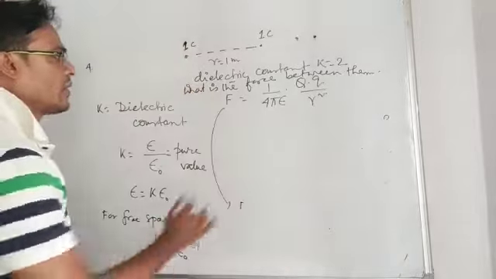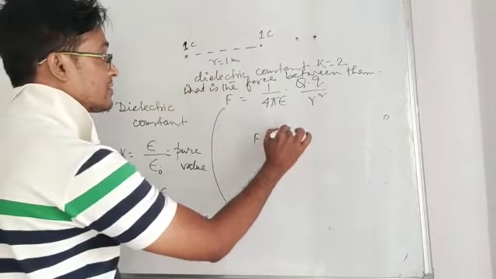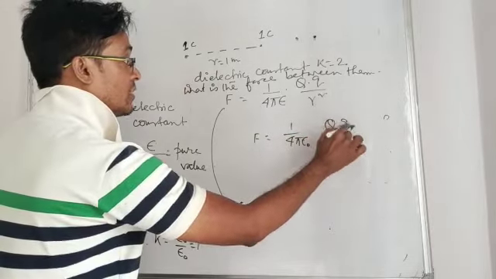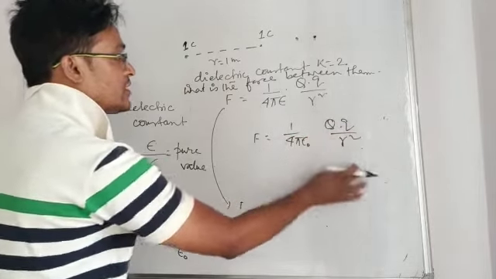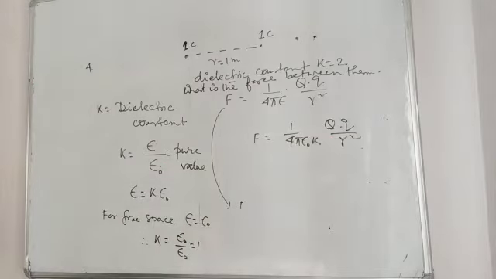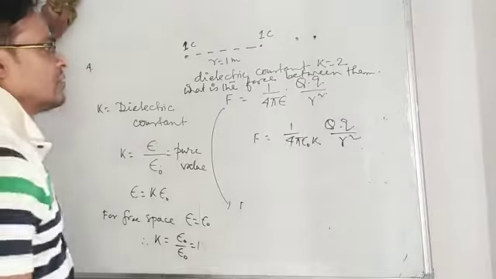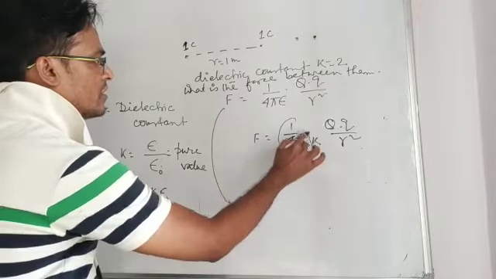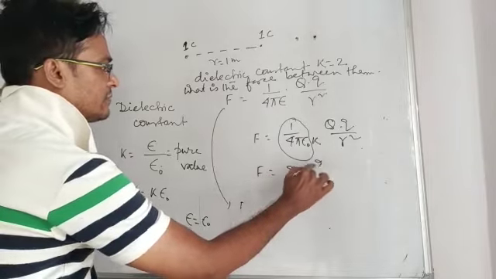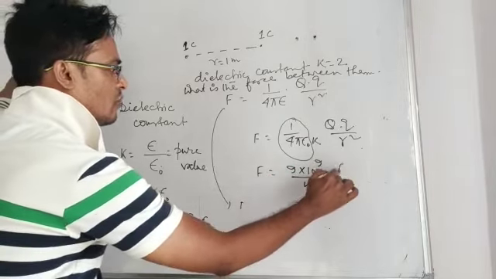Because now I just have to remember it like this: 1 by 4 pi epsilon naught, q by r square, and in addition to that I have to put a K over here. I know that 1 by 4 pi epsilon naught is 9 into 10 to the power 9, right? I have that idea. So the formula becomes this.